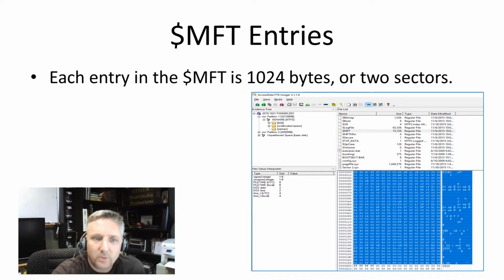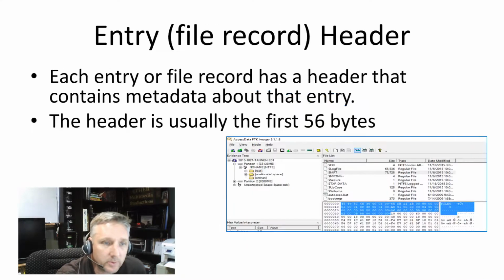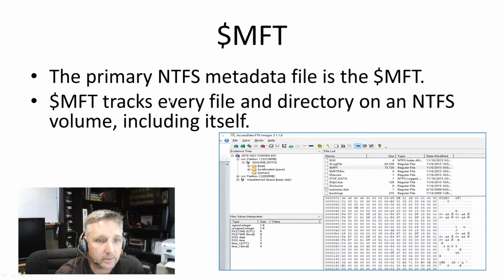So it's 1024 bytes in length, and if there's too much metadata for a given file to fit within 1024 bytes, then the MFT will create a second entry for it and reference that second entry. But typically, most of the time, you are going to see just one entry per file, unless it's an absolutely enormous file and it's been changed and moved and all kinds of stuff. Then you're probably just going to see this one entry that's 2 sectors long.